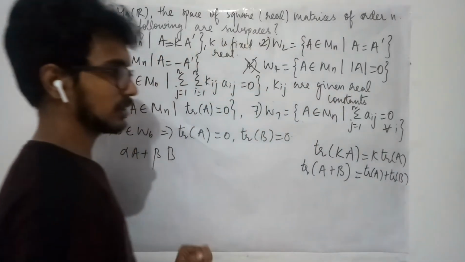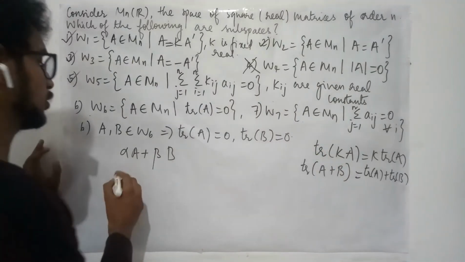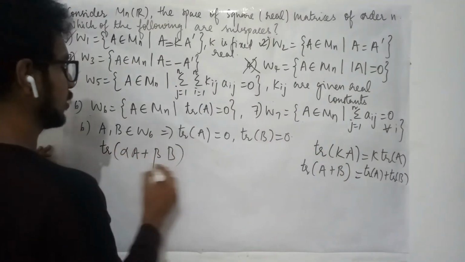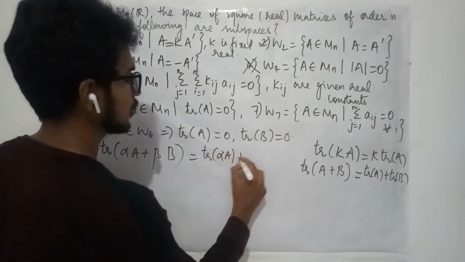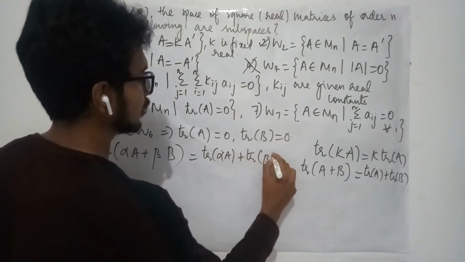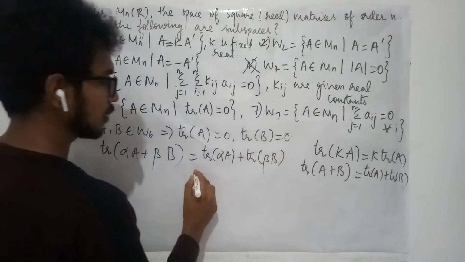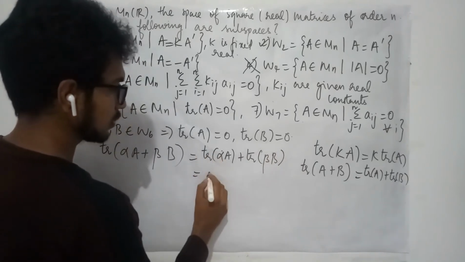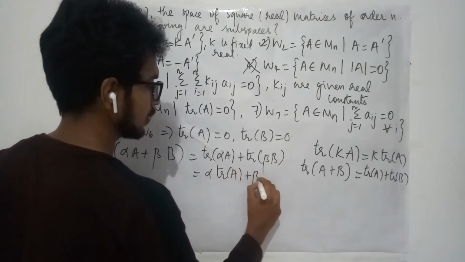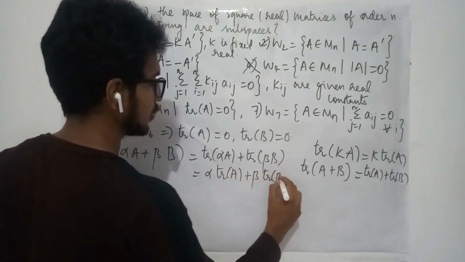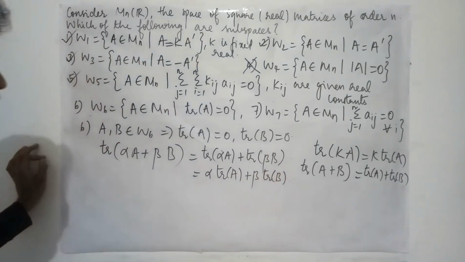The value is going to be the same. You just make use of these two properties. You can find here, this is the addition. Therefore, trace of alpha A plus trace of beta B, right? And this is what? This is alpha times trace A plus beta times trace B, right?